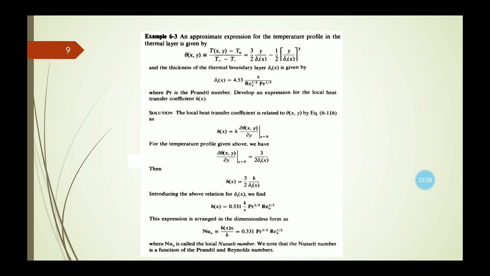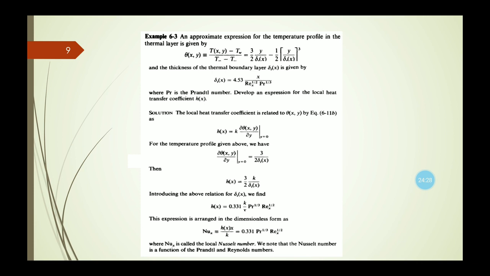So the equation of the Nusselt number here has been represented in terms of the Prandtl number and Reynolds number. We will get some more types of formulas of Nusselt number in later lectures for different geometrical shapes and for different types of flow.